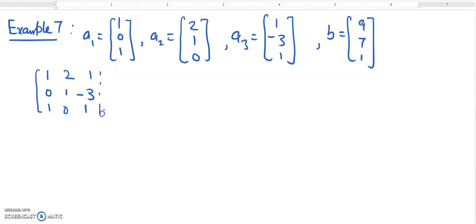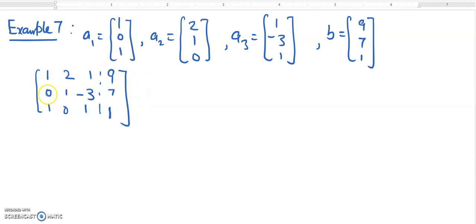So the augmented matrix will be 9, 7 and 1. I decide to apply the Gauss elimination method.